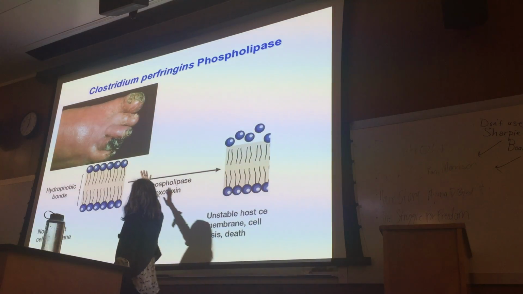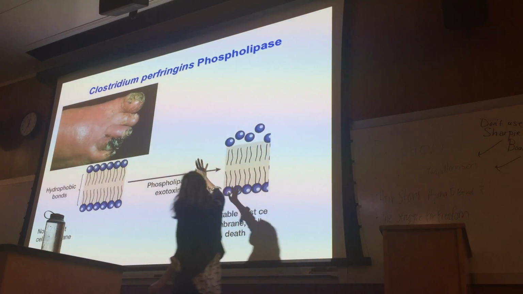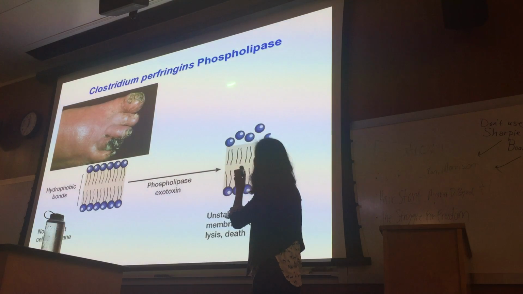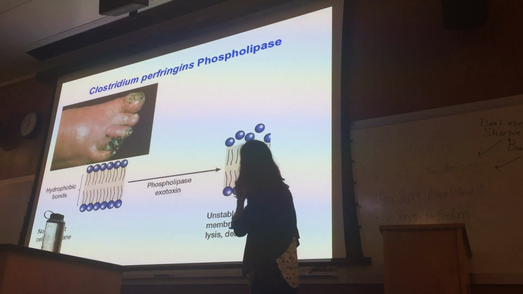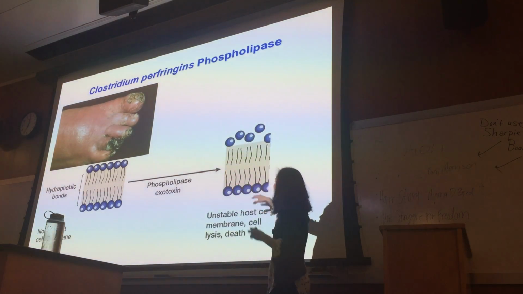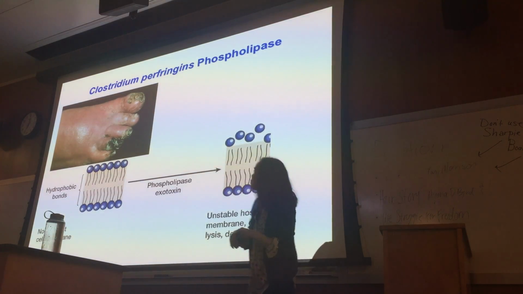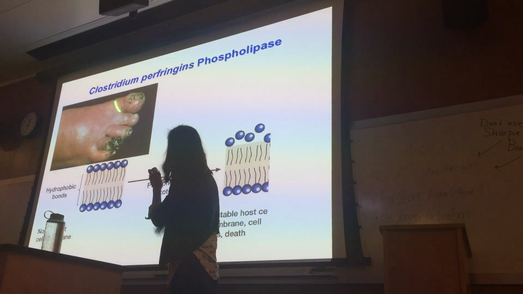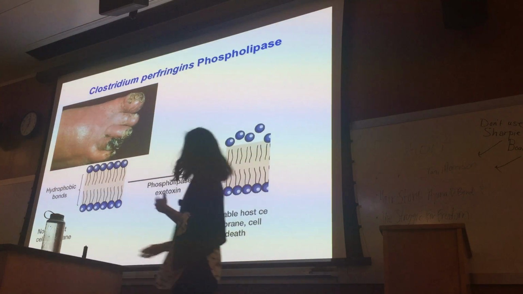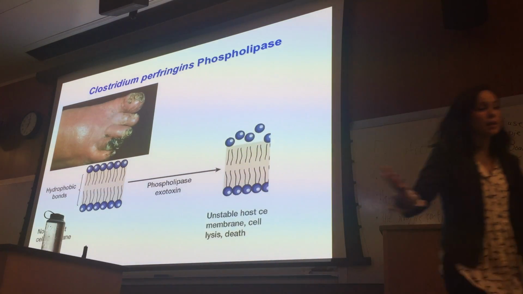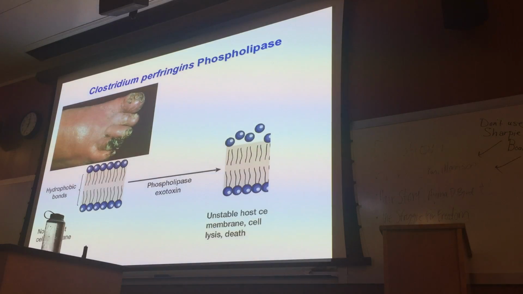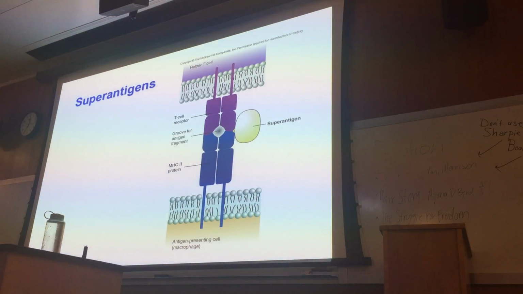But once it enters your body, as it dumps out its membrane disrupting toxin, that toxin totally results in the lysis of your cells, and so your cells literally start dying off. And that can spread and spread and spread. So we have one last category, and then I'll show you guys a little animation.